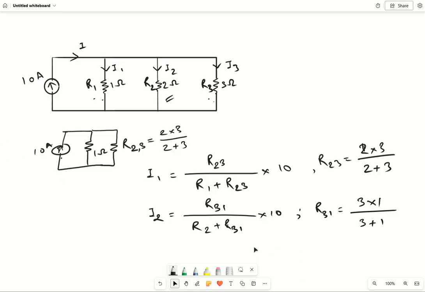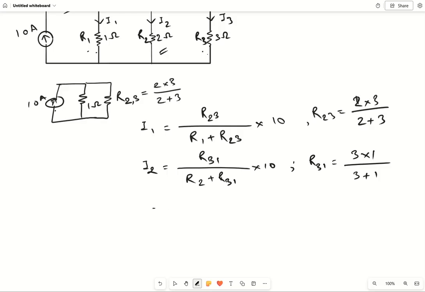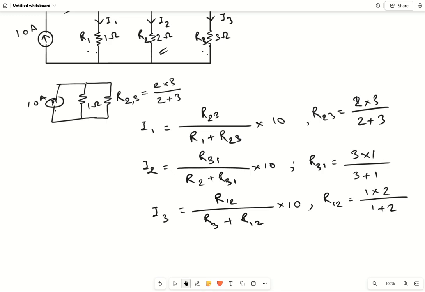Whatever value we get, we can directly put it here. Next, third case, I3 equals, obviously other than 3, so it will be R12 divided by R3 plus R12 into 10, where R12 equals 1 into 2 divided by 1 plus 2. If we put these values here, we will get the values of I1, I2 and I3.